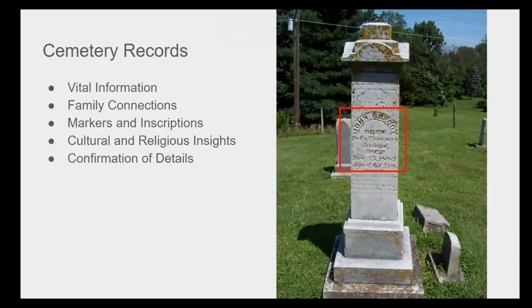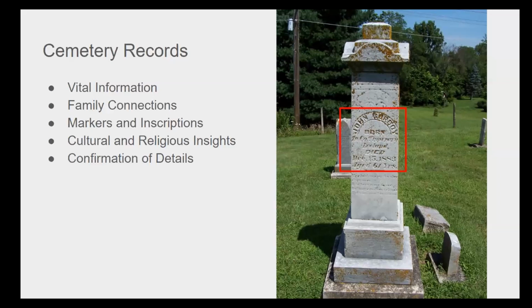And these records are helpful for a variety of reasons, and one benefit is vital information. So cemetery records will usually include information like names, birth and death dates, and sometimes even marriage dates. And this can help you establish important events in your family tree and verify some of those relationships. So there are a couple of ways that you might find information.